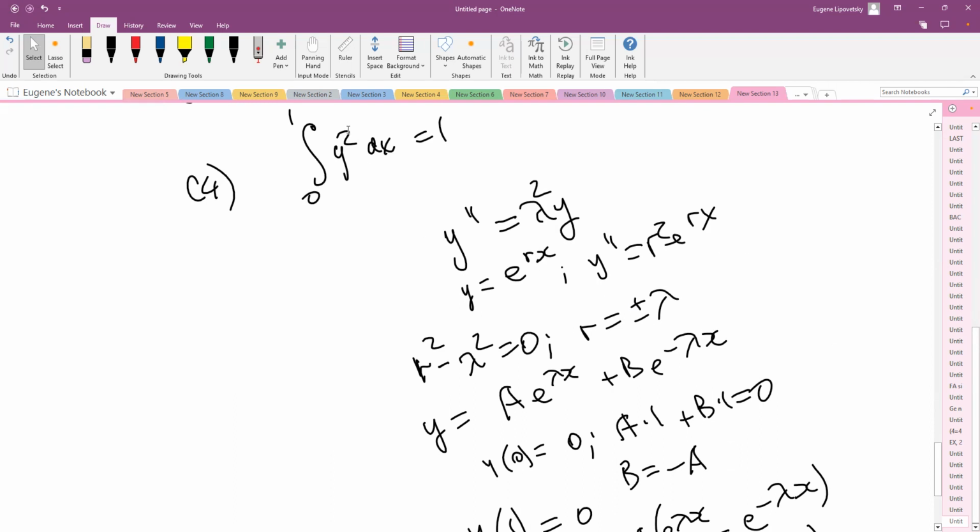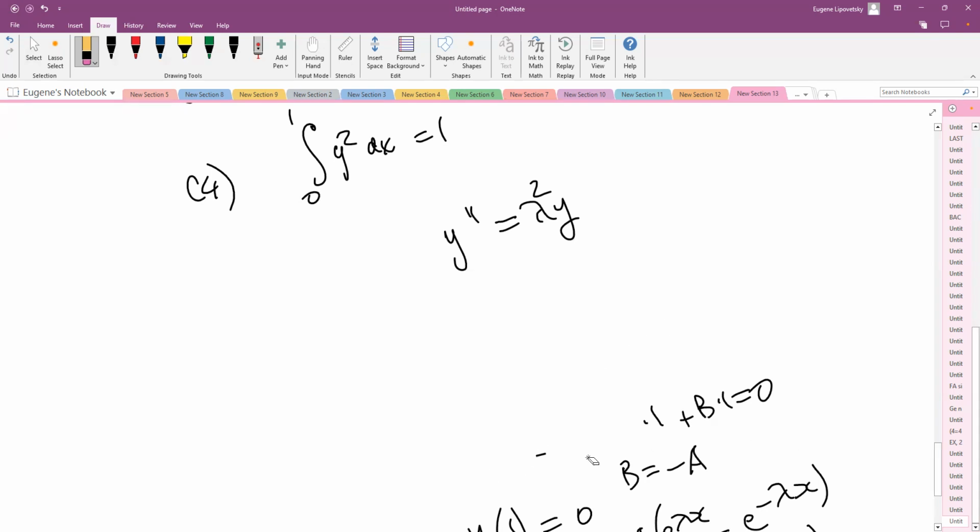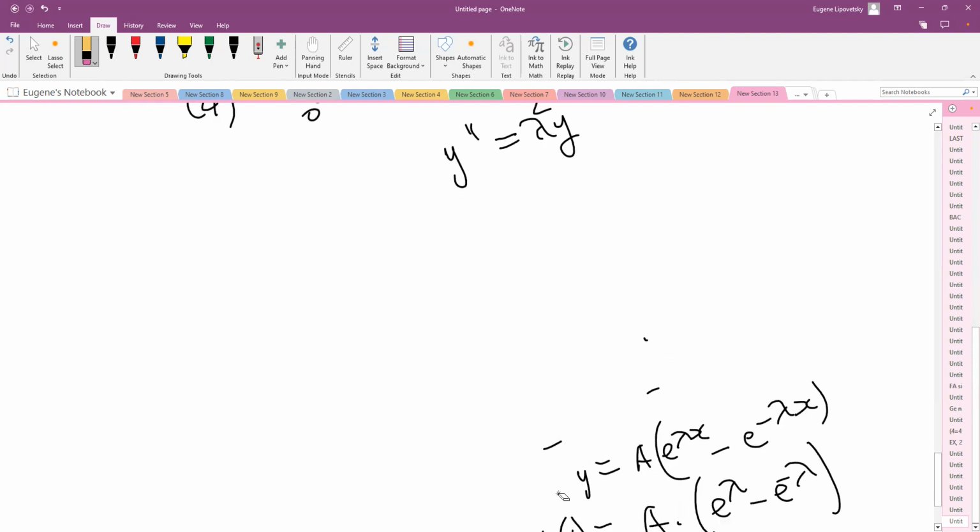Yes, so we cannot do this, so we have to erase this one for the time being. Lambda is a function of x as well, right? It's an unknown function, just like y and y prime, right? Okay.